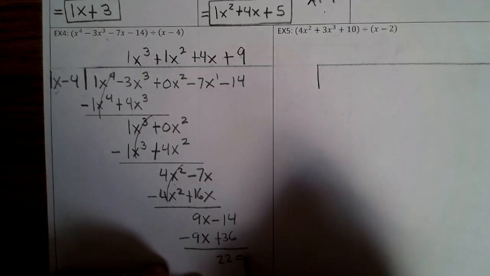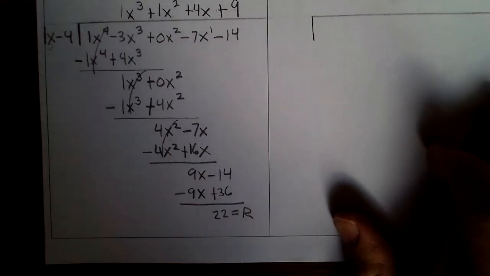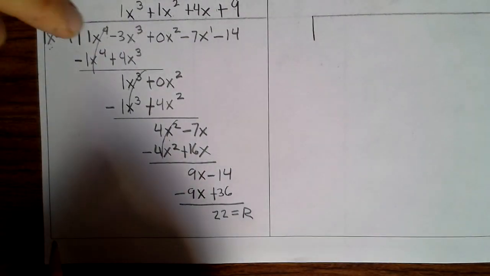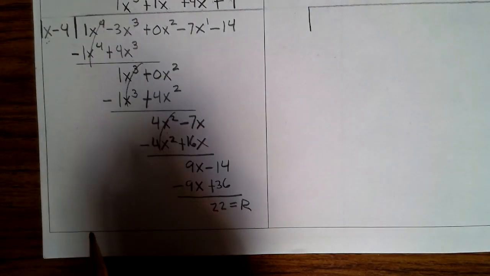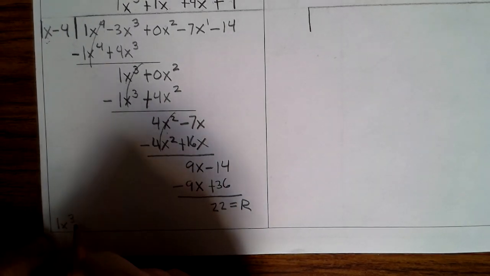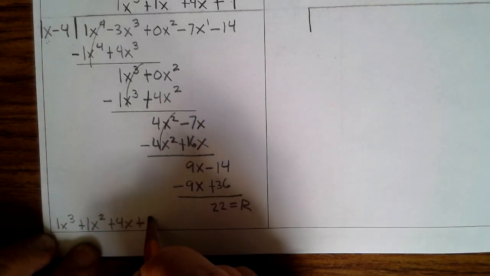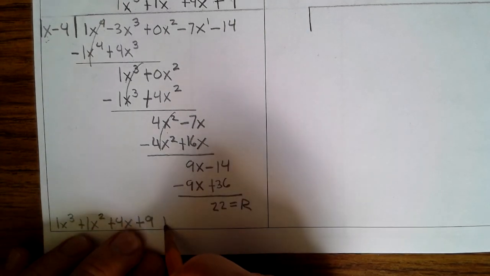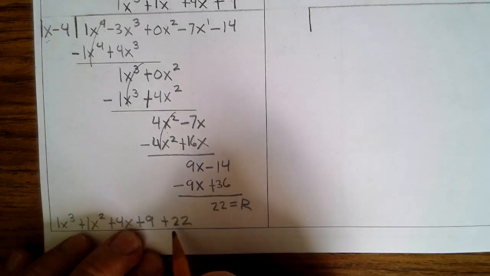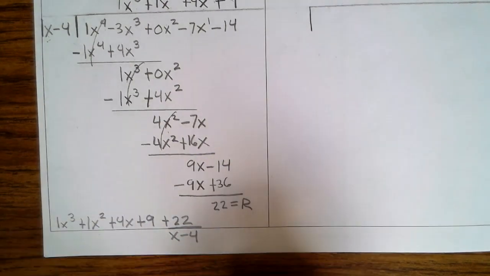So you have a remainder of 22. So your answer is 1x cubed plus 1x squared plus 4x plus 9 plus 22 divided by x minus 4.